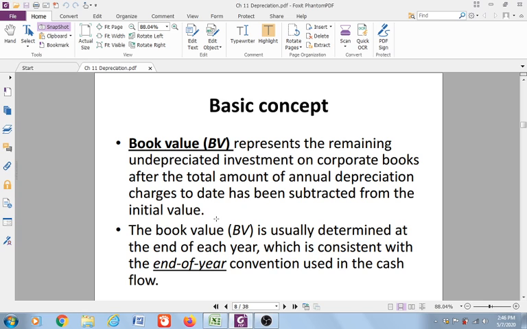The book value in year two will be the value of that asset before we apply depreciation in year two. So we will have book value in year zero, year one, year two, and so on. The book value in year zero is just the initial value of the asset, and the book value is determined at the end of each year, so we still use the end of year convention.